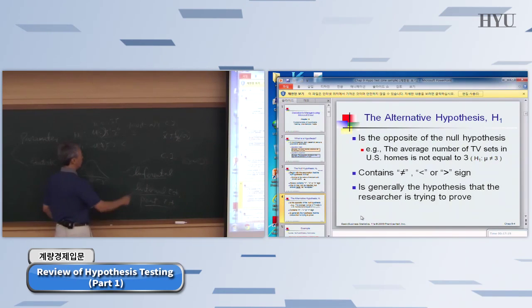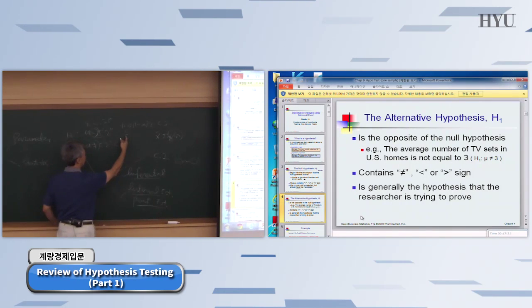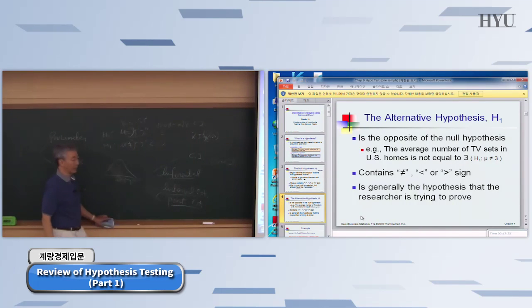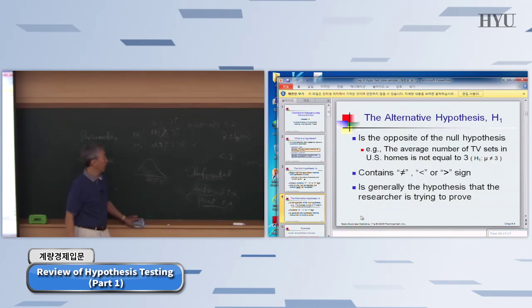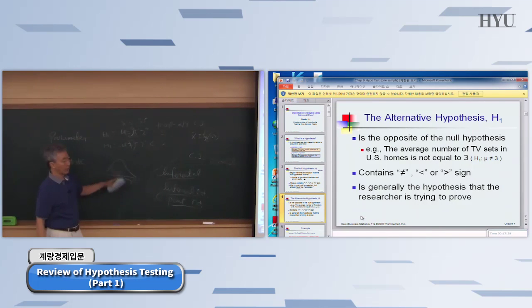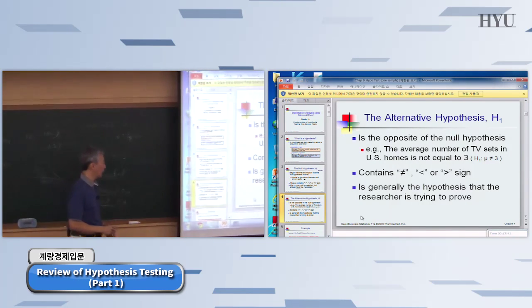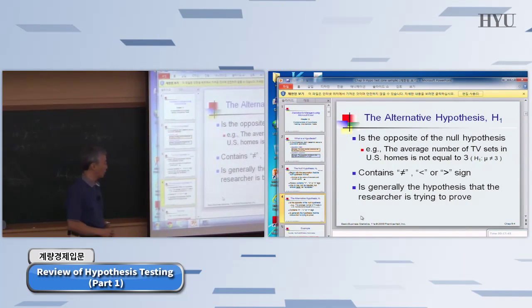If the null hypothesis says less than or equal to, then your alternative hypothesis should say greater than. And as you see here, the alternative hypothesis cannot include an equal sign. Either it's not equal, less than, or greater than. And this is generally the hypothesis that the researcher is trying to prove.